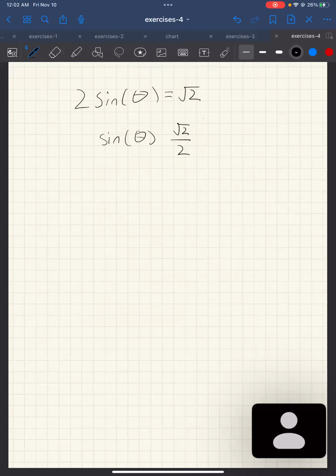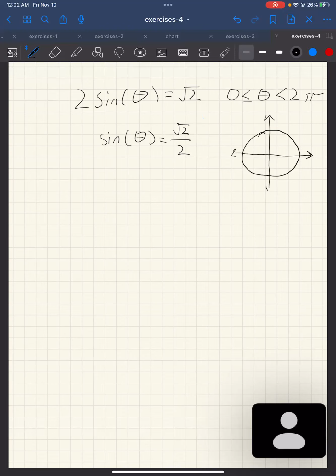So let's ask ourselves, where is sine equal to root 2 over 2? And I forgot to write it, but I really meant to just restrict theta from 0 to 2 pi. So where on the unit circle is sine equal to root 2 over 2? Now, I know immediately that there are going to be two answers to this. Why? Well, if we look at our unit circle, we are trying to see where the y value is root 2 over 2.